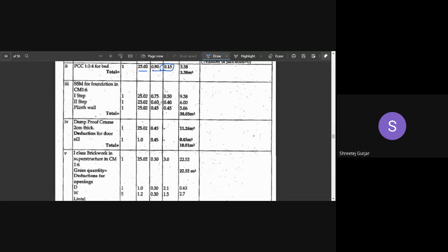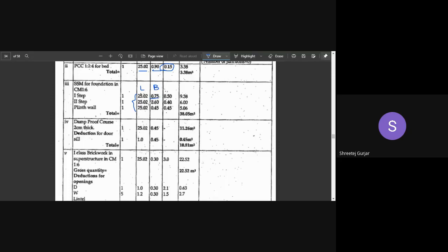Similarly for the PCC bed, these two quantities will be the same, only the depth will vary. The thickness of the PCC bed is 0.15. Next, size stone masonry, it is the same method. The length will be the same because no junctions are there, hence no deductions are required. This is the breadth: for the first step it is 0.75.